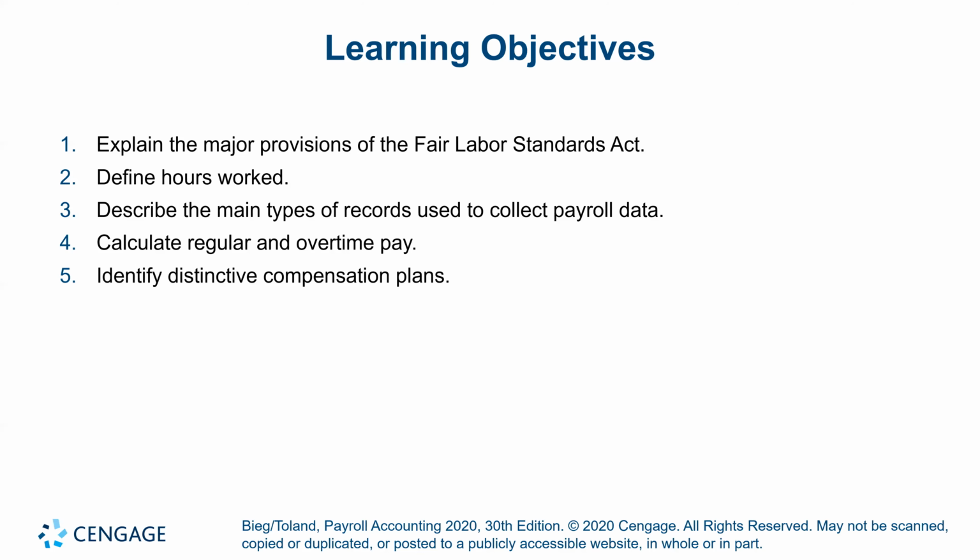All right, so some of our learning objectives of this chapter: explain the major provisions of the Fair Labor Standards Act. We are going to go through these as we continue through the PowerPoint, but some of these provisions include the minimum wage provision, the overtime pay provision, the exemption of exempt employees versus non-exempt employees, the equal pay for equal work provision, the child labor law provisions, and then some of the penalties and violations.